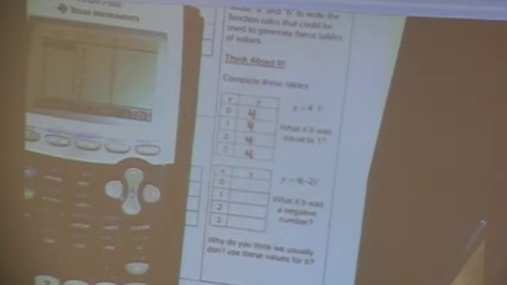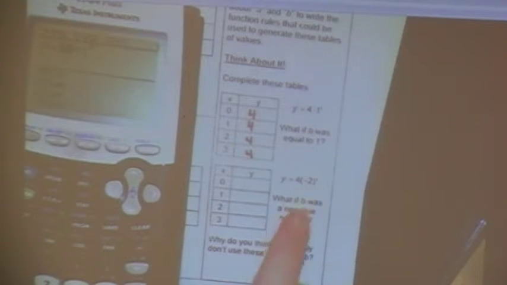Your y values are just straight 4s. That's because 1 to the 1 is 1, and multiply that by 4 is 4. 1 to the 2 is 1, multiply that by 4 is 4. 1 to the 3 is 1. So 1 cannot be our base because 1 as a base never changes. So that one won't work.